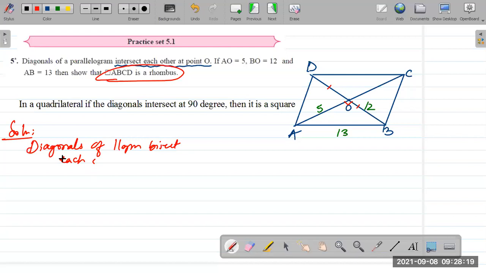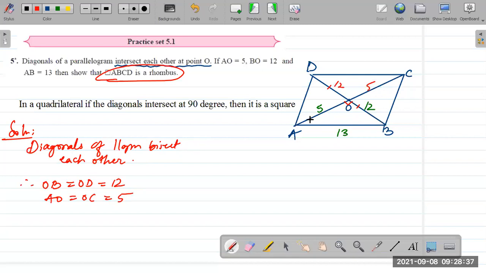Here, diagonals of a parallelogram bisect each other. Therefore, what can we say? OB is equal to OD, which is equal to 12, and AO equals OC, which is equal to 5.